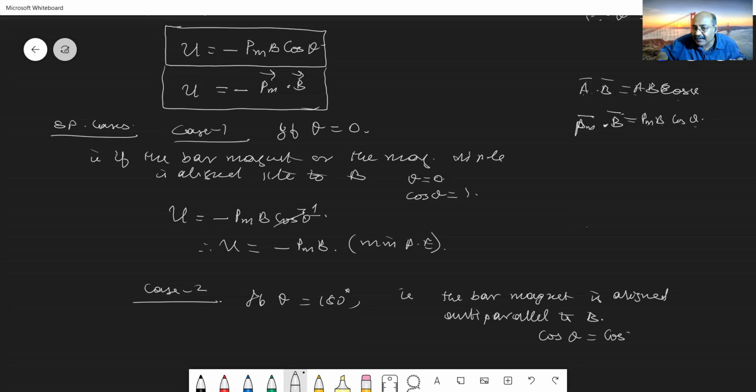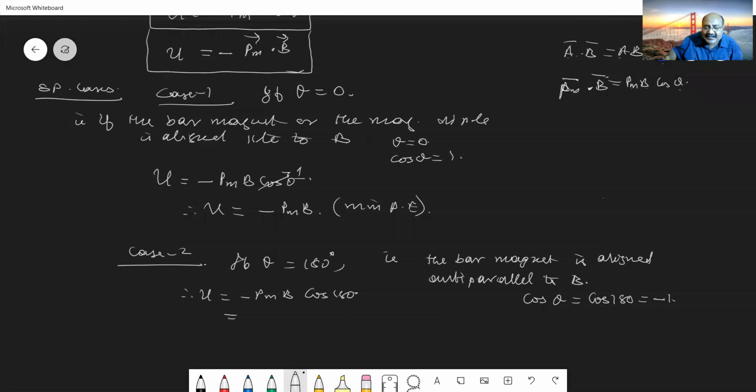Cos 180 becomes -1. The potential energy is minus Pm into B into cos 180, which is minus Pm into B into -1. So the potential energy is Pm into B, which is considered to be the maximum.